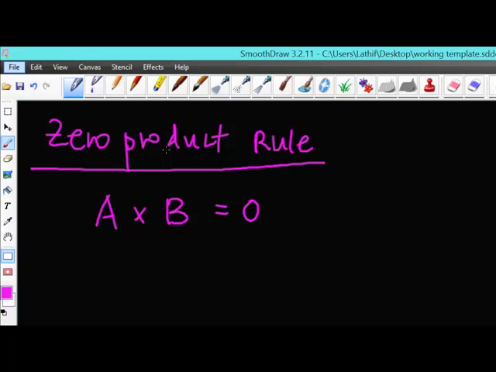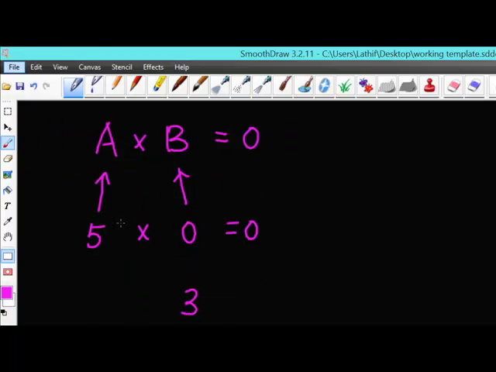So for you to explore, let's take a to be 5. My question to you will be, what value must b be such that 5 multiplied by that gives you 0? And all of you will agree with me that b must be 0, such that 5 multiplied by 0 gives you 0. Similarly, what if I give you b is 3?